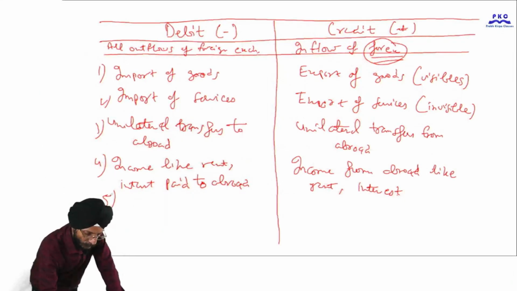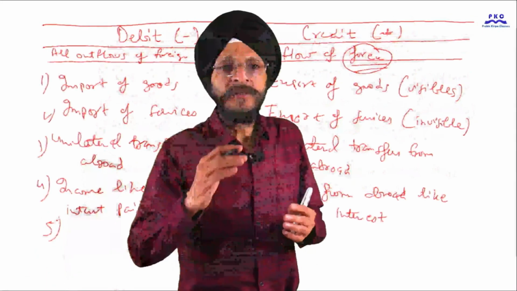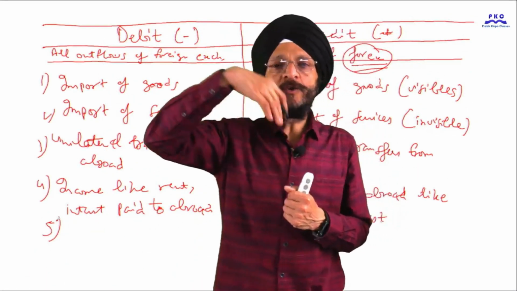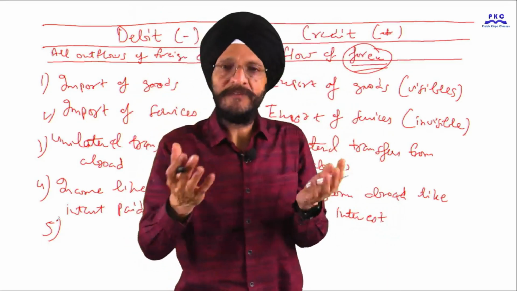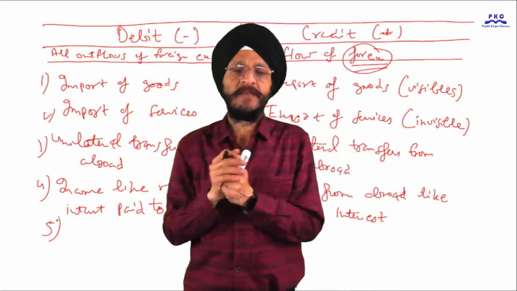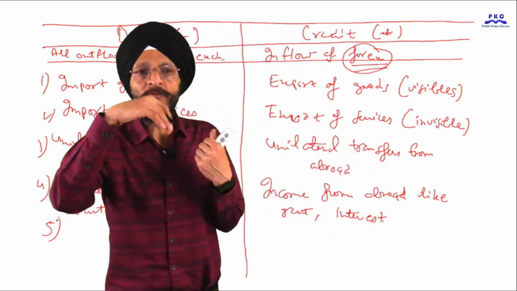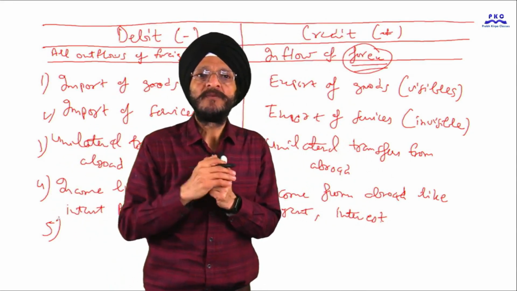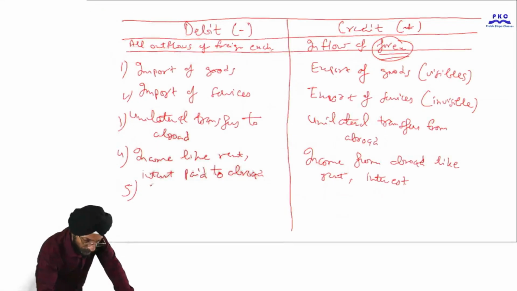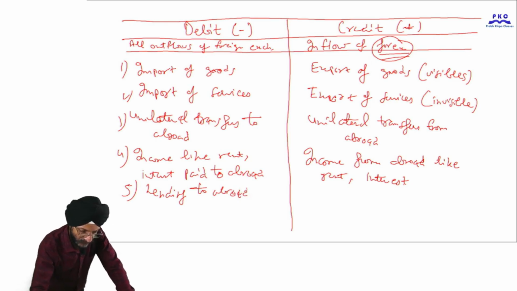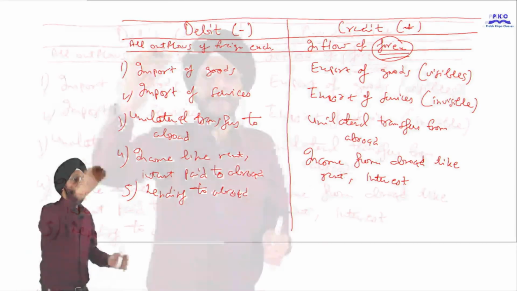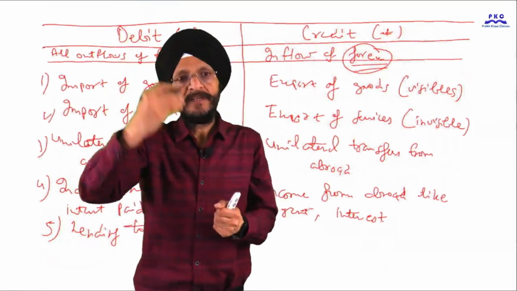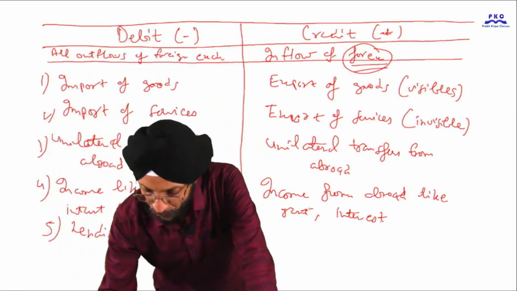Then it is also possible that we may lend to foreign countries. We have money and we are lending money. So when we lend money, what does it mean? Foreign exchange goes out. Lending to abroad. But if we borrow from abroad, there is inflow of foreign exchange.